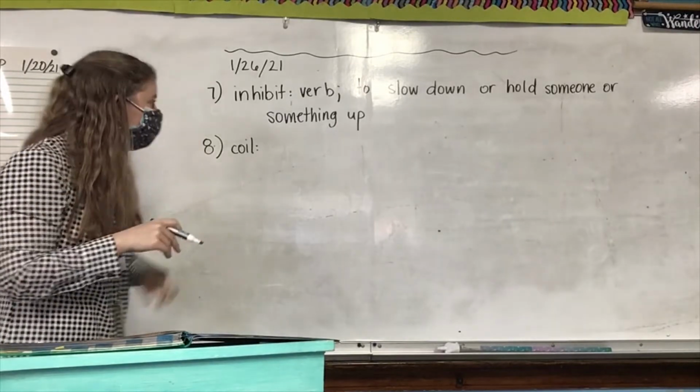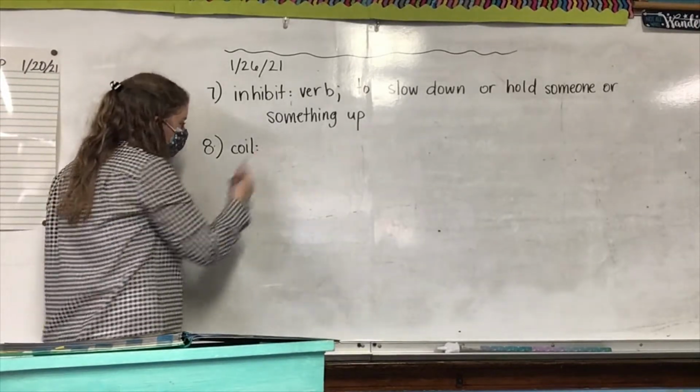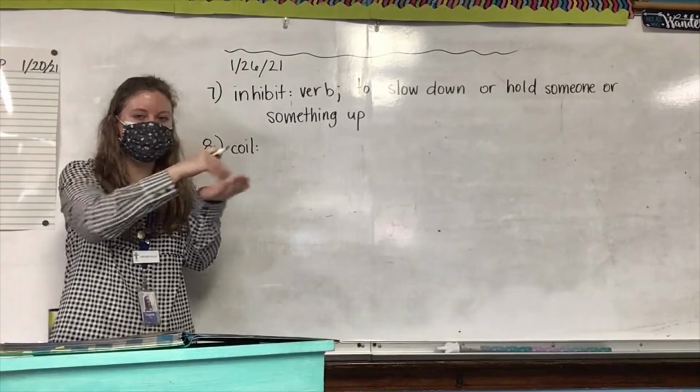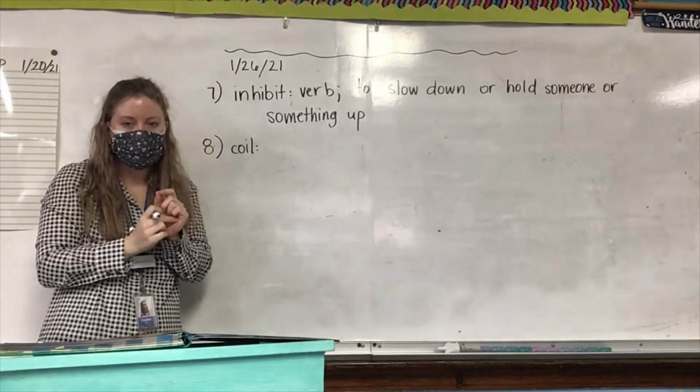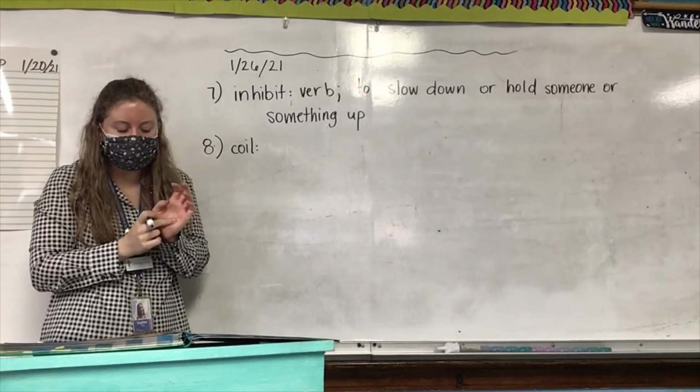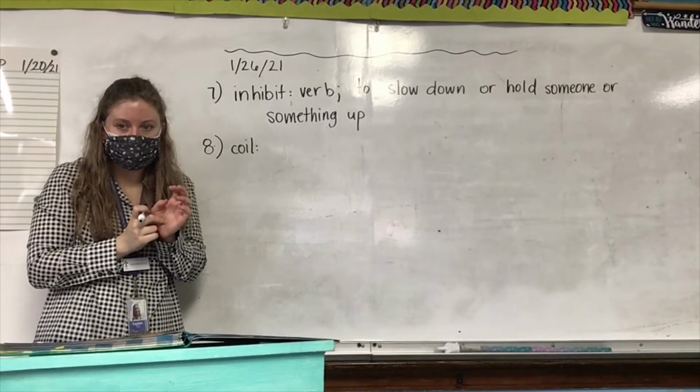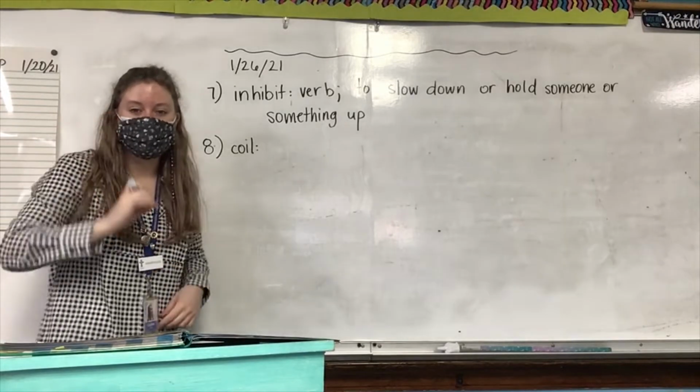Okay. So coil, now you may have heard it as like a curly thing, like something that is really curled up. That would be a noun, but in this case, Michaela, don't forget to mute yourself.